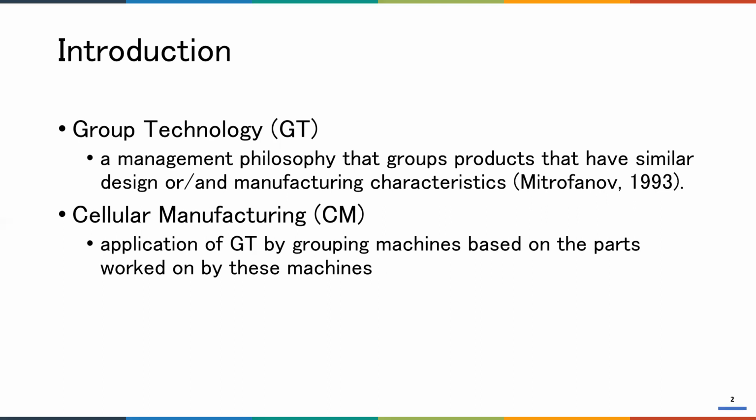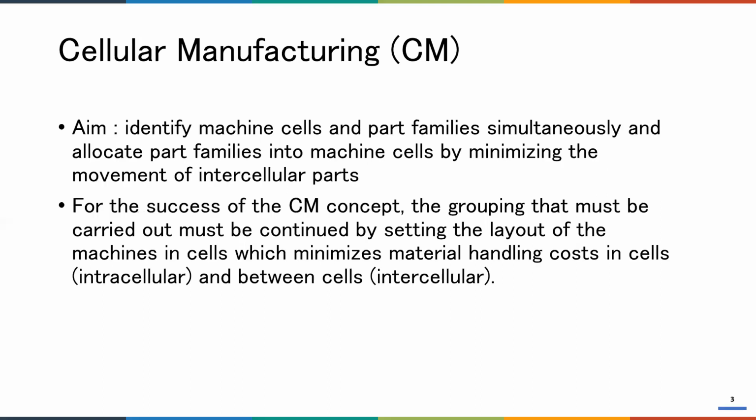And one application of group technology is that we try to group the machines. After we have the groups of products, we group the machines accordingly, so that we have a cellular entity. You call it a cell because it is a group of machines.